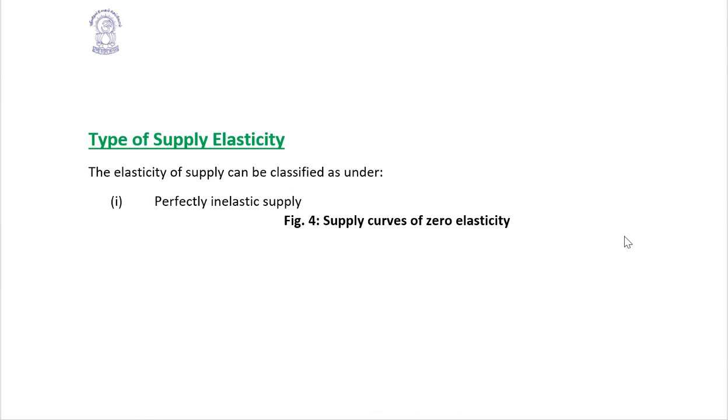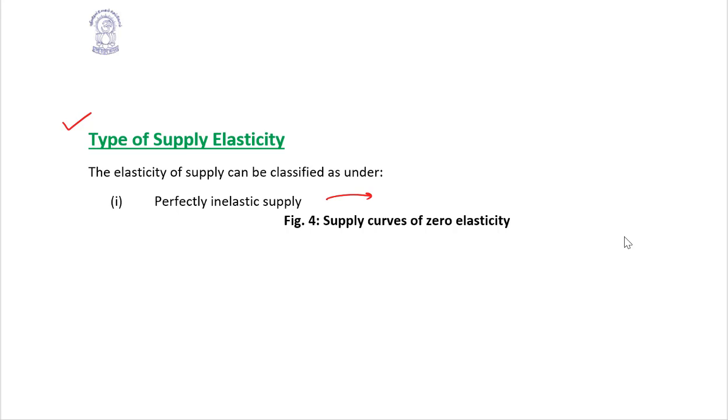Let's move ahead now. We'll see types of supply elasticity. The supply elasticity can be classified as under. Number one, perfectly inelastic supply.